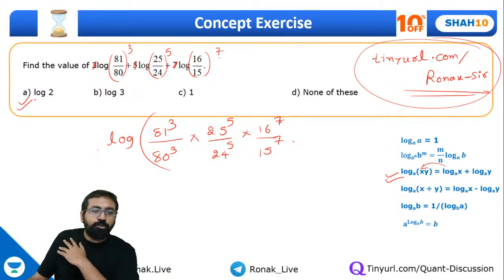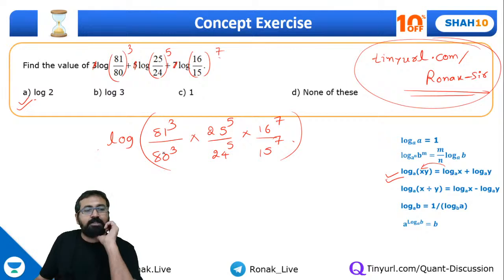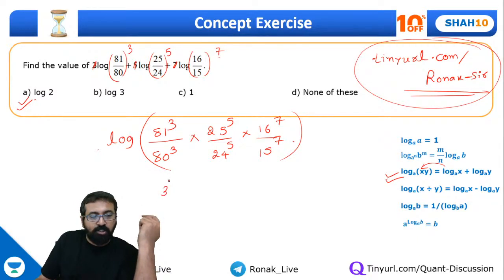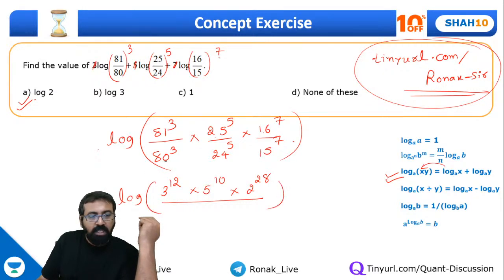Correct? Now you just need to do that prime factorization, guys. 81 raised to 3: 81 is 3 raised to 4, whole raised to 3, so this will be 3 raised to 12. Into 25 raised to 5, which is 5 square whole raised to 5, is 5 raised to 10. Into 16 raised to 7, I'll take 2 raised to 4 raised to 7, so 2 raised to 28. Divide by, the log will remain as it is, 80.